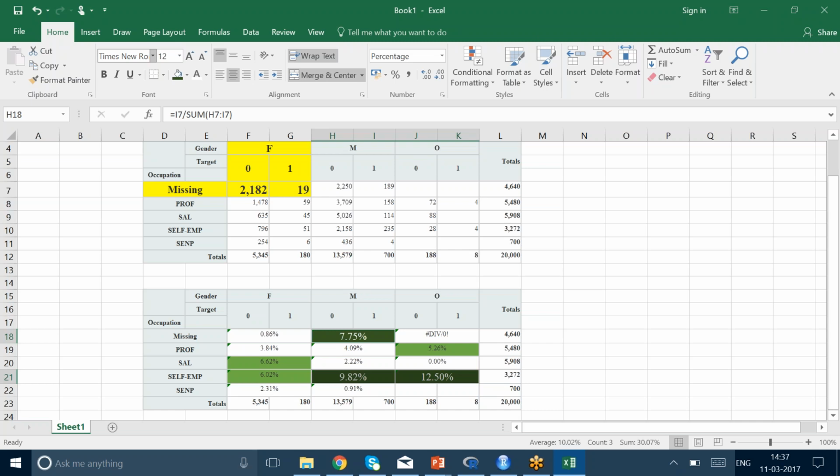Is it possible that, beyond this 9.8 and 12, I can get further segments where probably my response rate is 18%, 20%? Can I get those segments also?